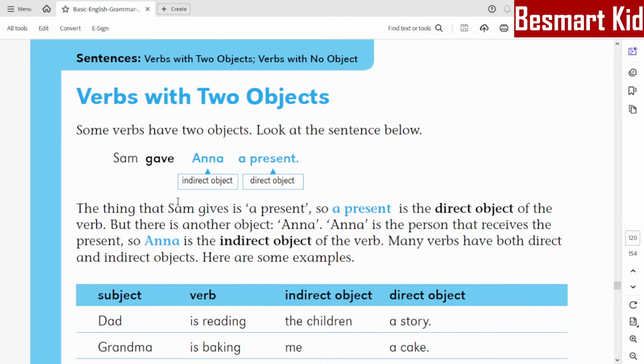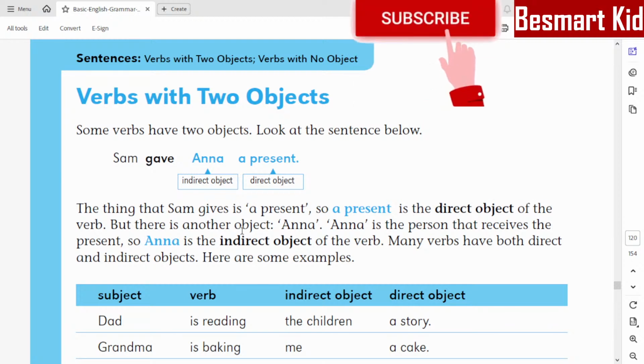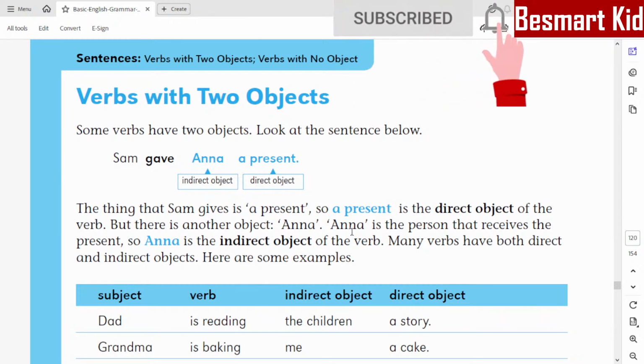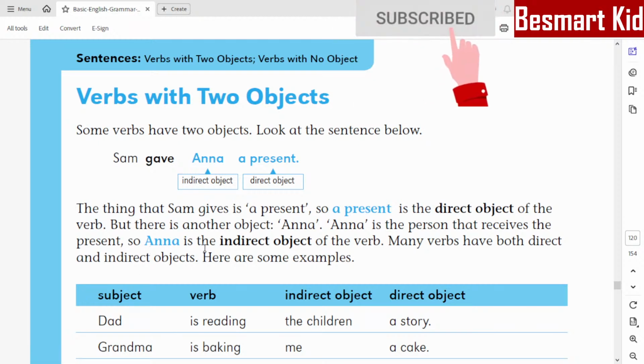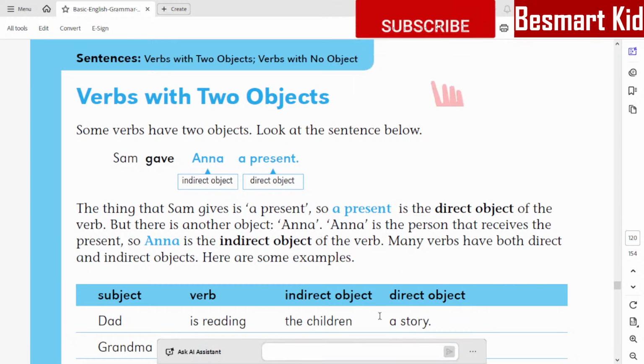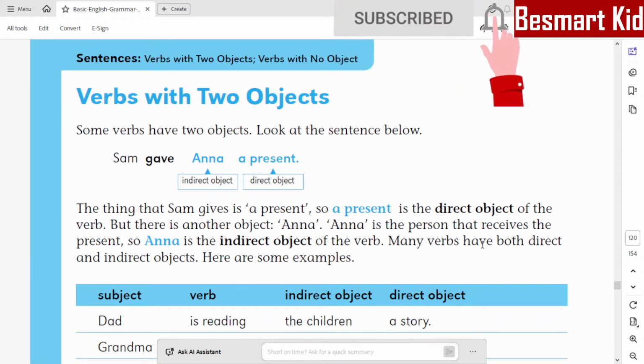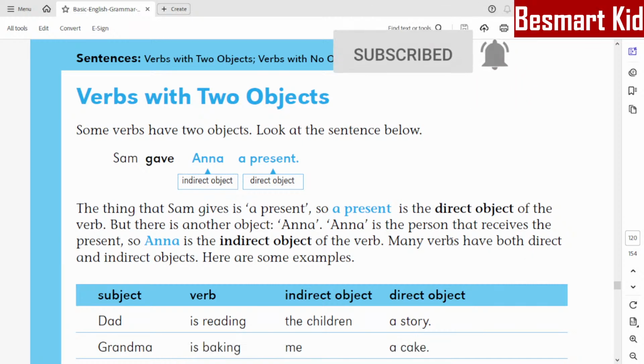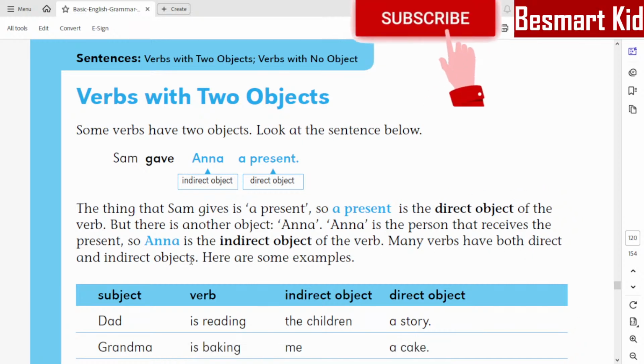The thing that Sam gives is a present. So a present is the direct object of the verb. But the other object, Anna, is the person that received the present. So Anna is the indirect object of the verb. Many verbs have both a direct and an indirect object.